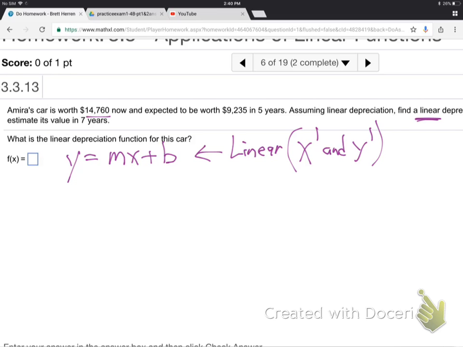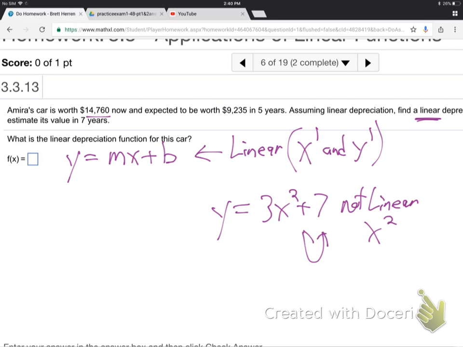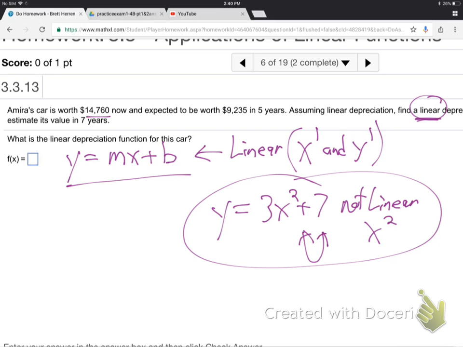If you had something like y equals 3x squared plus 7, that's not linear because x is squared. When you bring in higher powers, that brings in curvature into the graph. You might know from algebra, that's a U-shape, a parabola. Anyway, so they're saying, okay, I saw that word linear, and I went, okay, we're talking y equals mx plus b kind of formula.